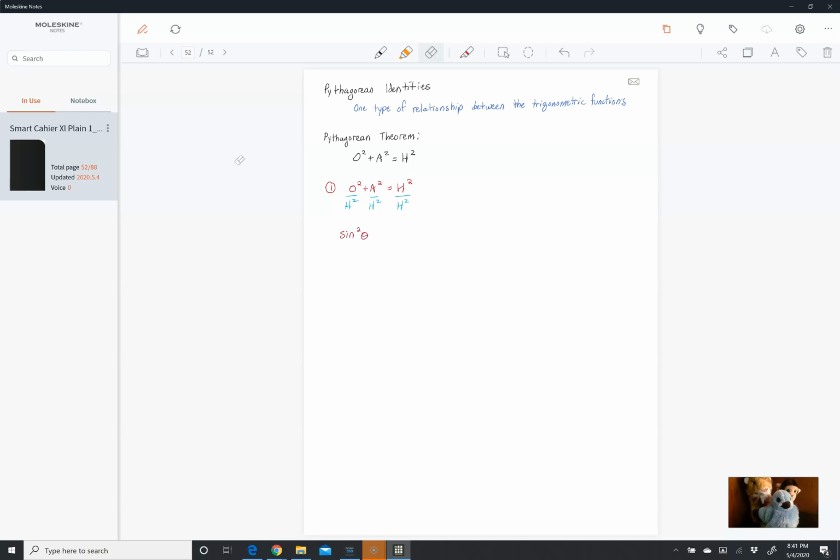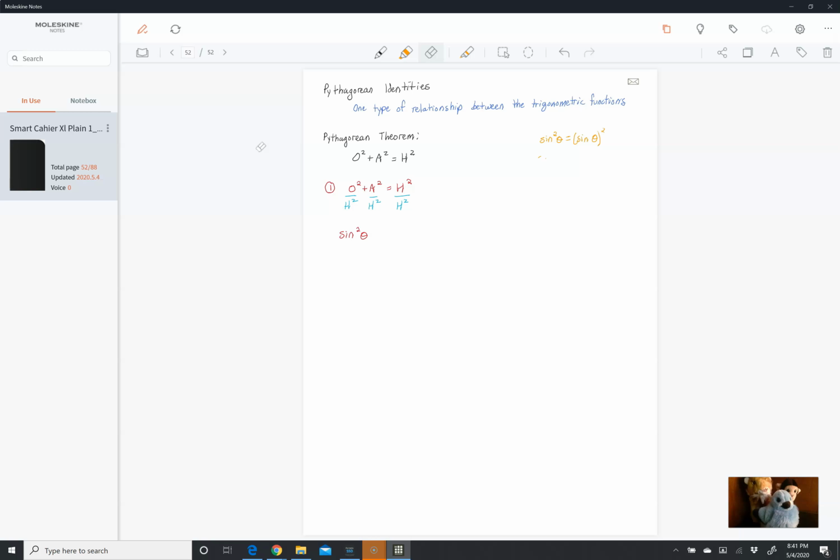That is sine squared. So a little note that I'm going to put off to the side, in orange. Sine squared theta is saying that you are taking the sine of theta squared.